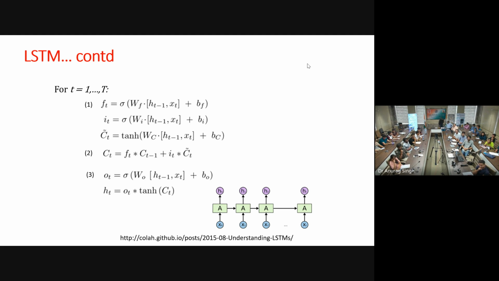Then you will know the output at t equal to 1 and the state at t equal to 1. Now, knowing this, can you compute at t equal to 2? So you keep on unfolding, and after that you'll be able to know the loss.